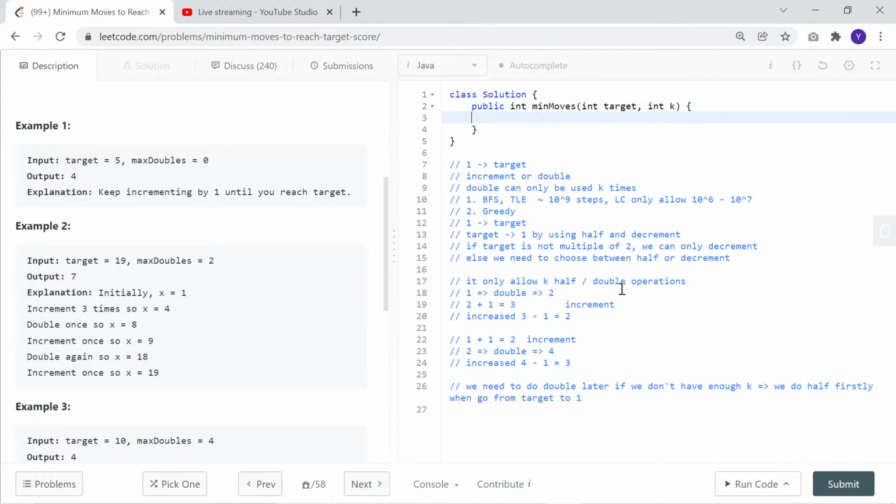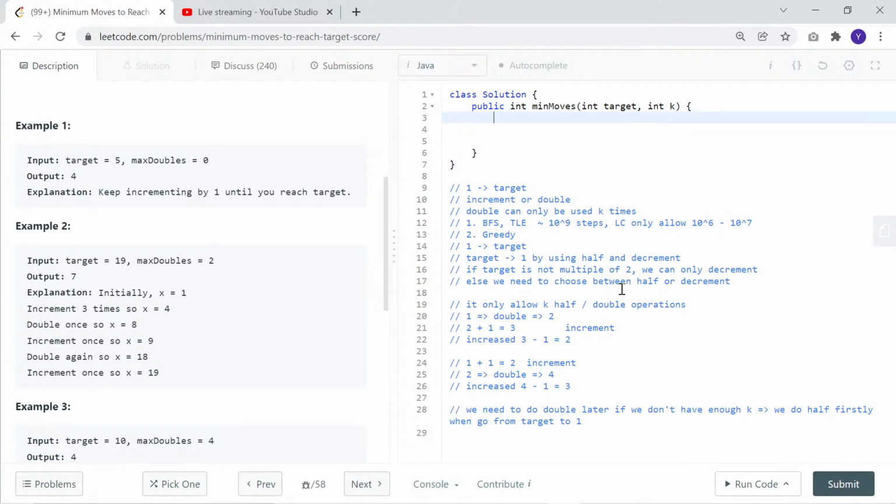We can use the greedy and then go from target to 1. So we need to have a count of operations, we call it the steps, count of steps.